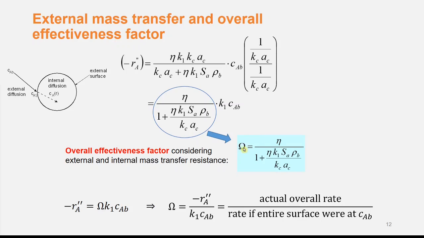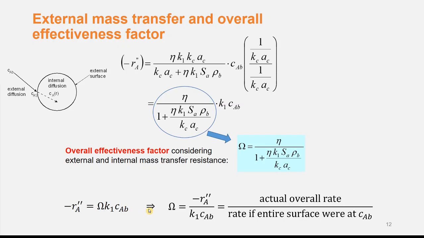We also have the overall effectiveness factor, denoted by capital omega, which accounts for the resistances due to external diffusion, internal diffusion, and reaction. So we write the rate of the reaction, negative R_A double prime, is equal to omega times k1 times the bulk concentration, C_AB.